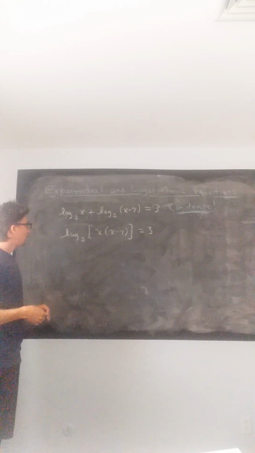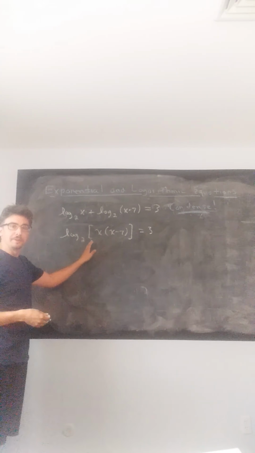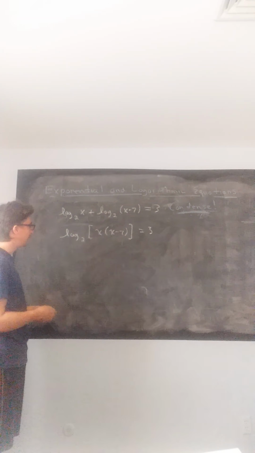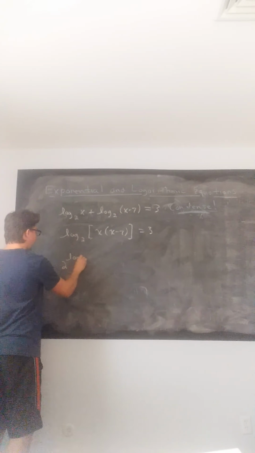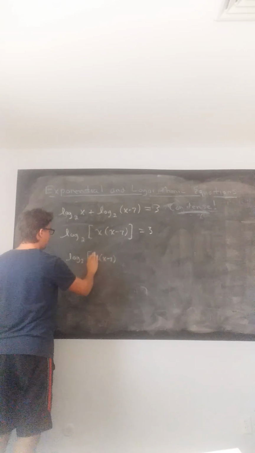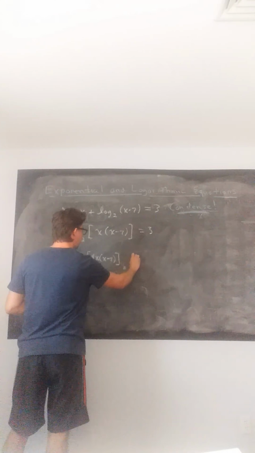So now we want to apply that property we did before, where we look at what the base is and we essentially bump up by that base. So we're going to write this as 2 raised to the log base 2 of x times x minus 7 equals 2 to the 3 power over on the right hand side.